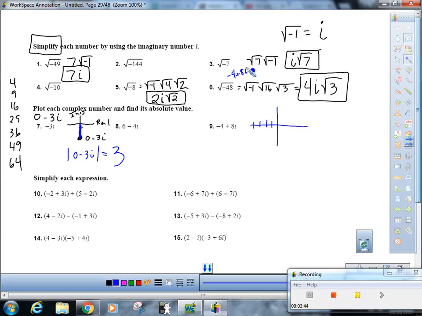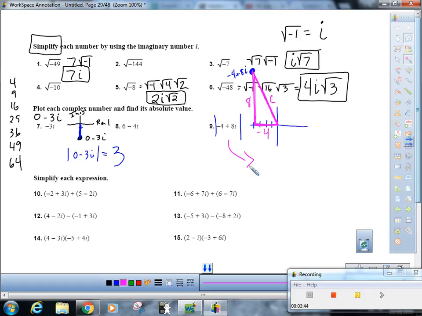Okay? Now, when they want the absolute value of -4 plus 8i, they essentially want to know how far that dot is from the origin. Do you remember Pythag? What kind of triangles do we use for Pythag? That's right, right triangles. So we've got -4 and 8, and we're looking for c.